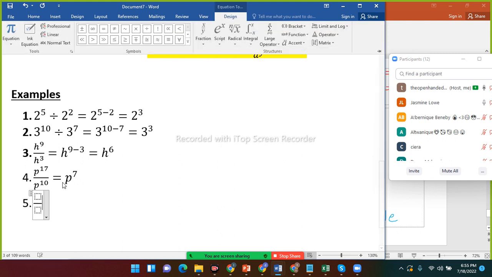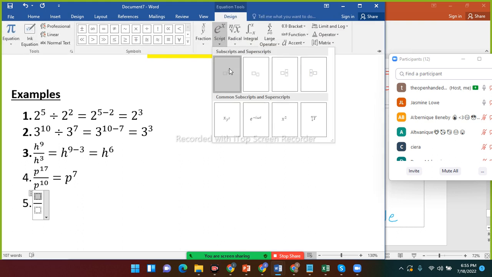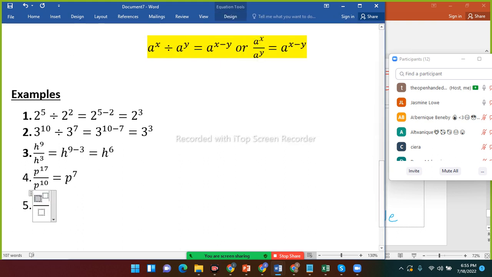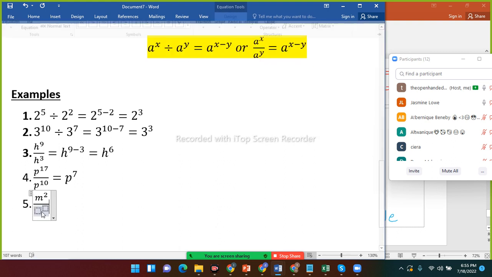So if we have m to the power of 2, and we have m to the power of 7, what is my answer?